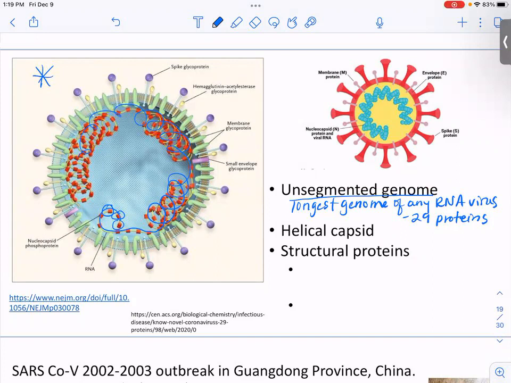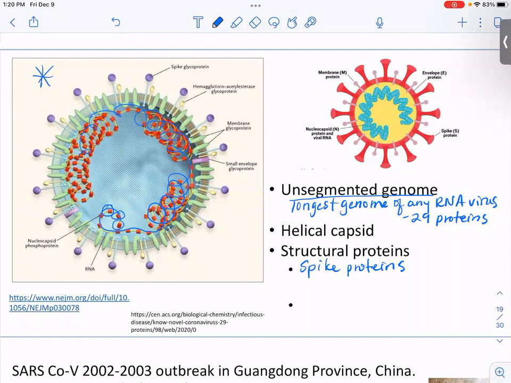And then structural proteins on the outside, we could get into a little bit more depth here, but of course, there are spike proteins. That's the most antigenic part of the virion. That's what we've got all our vaccines trying to target.